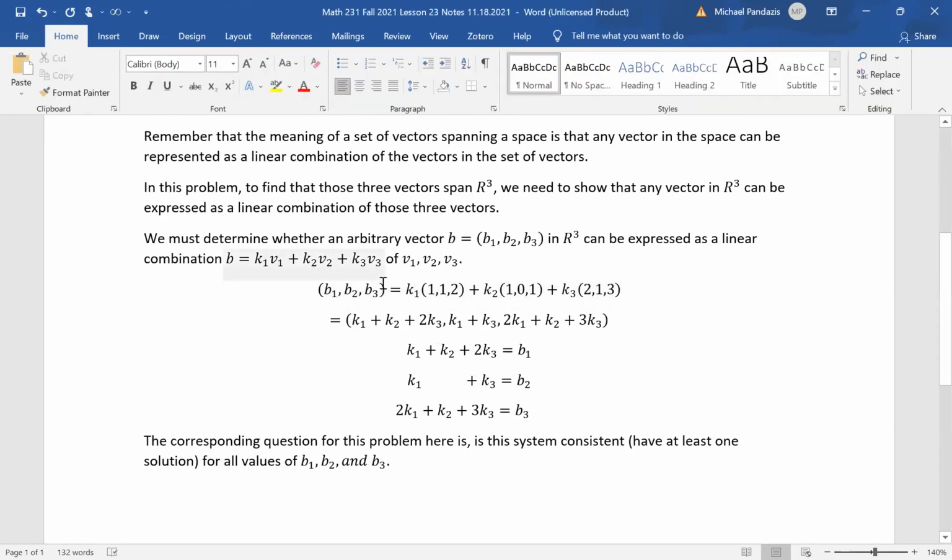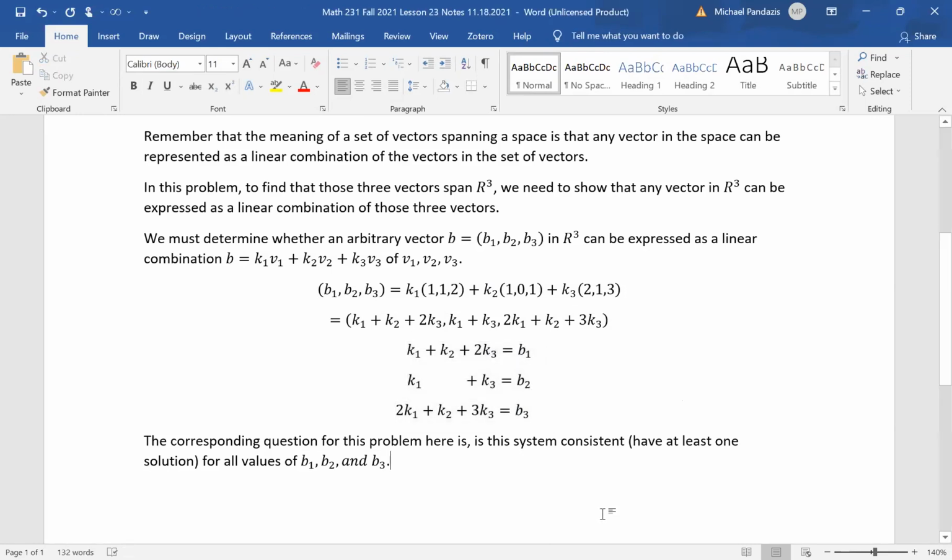So for all ordered triples B1, B2, B3, are there values of K1, K2, and K3 that would solve all three of these equations? Meaning, are there values of K1, K2, and K3 such that this equation holds for any choice of B1, B2, B3 on the left-hand side? Okay, so we want to find out whether or not there's at least one solution for the Ks for any choice of B1, B2, B3 in these three equations.